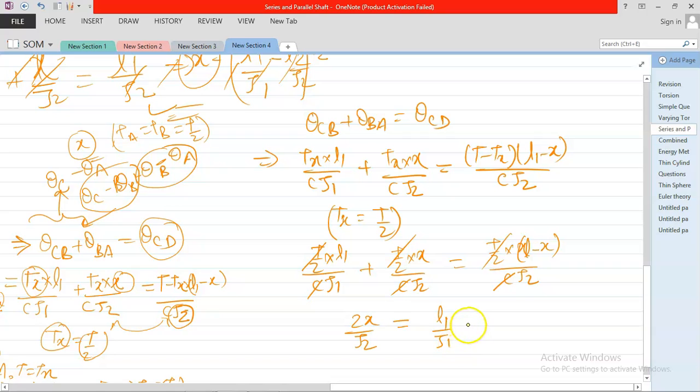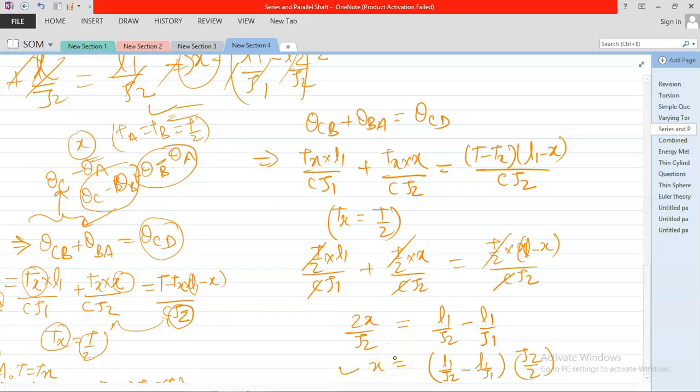Now Tx should be equal to T by 2. That's what I proved earlier. So if I put T by 2 everywhere, plus T by 2 into x by CJ2 is equal to T by 2 into L minus x by CJ2. So T by 2 would cancel from everywhere, C would cancel from everywhere. So now your equation will become 2x by J2.